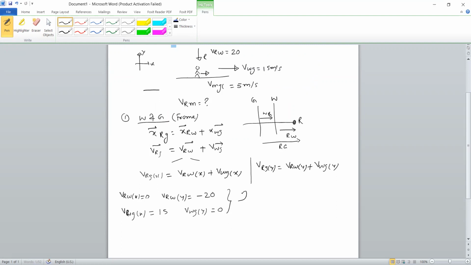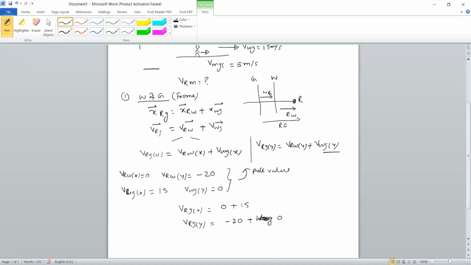Let's put the values in the equations. So we may write VRGX is equal to VRWX, which is 0, plus VWGX, which is 15. Similarly, VRGY is equal to VRWY, minus 20, plus VWGY, which is 0.